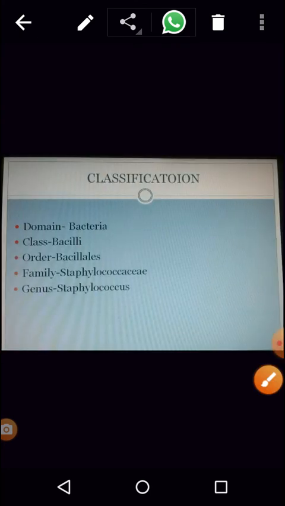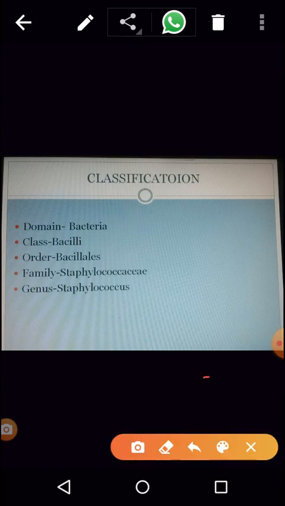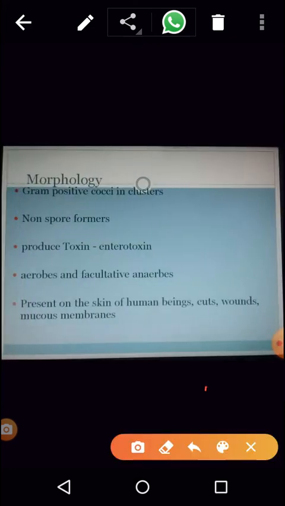Moving on to the classification of this organism, it belongs to the domain Bacteria, class Bacilli, order Bacillales, family Staphylococcaceae, and the genus Staphylococcus. Now, if we have to study the morphology of the organism, it is a gram-positive cocci, in clusters.